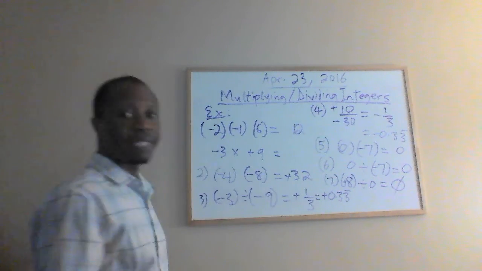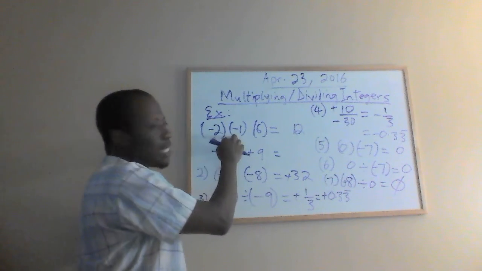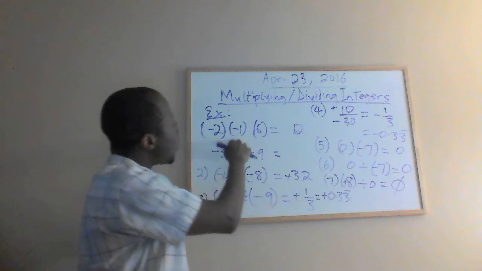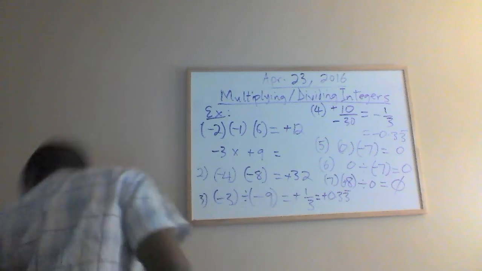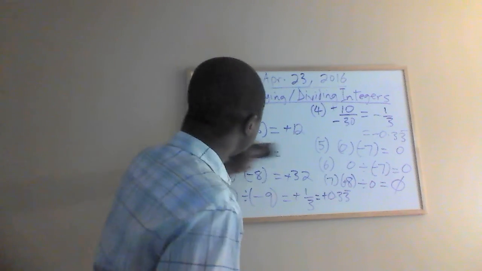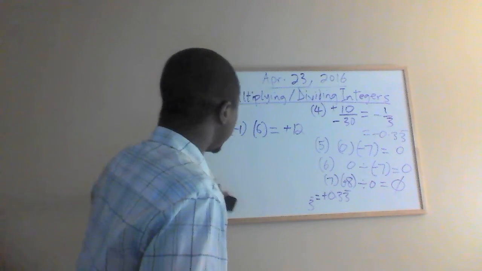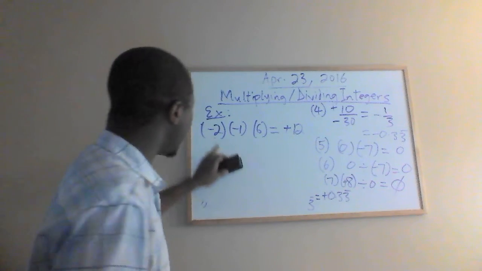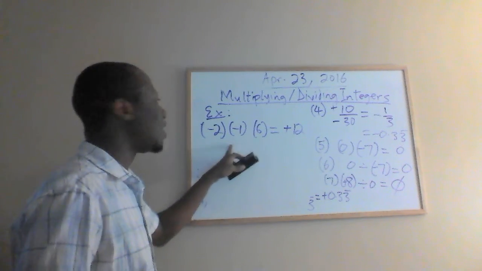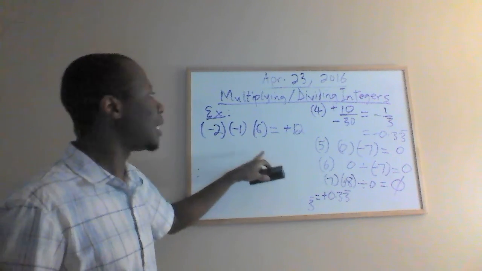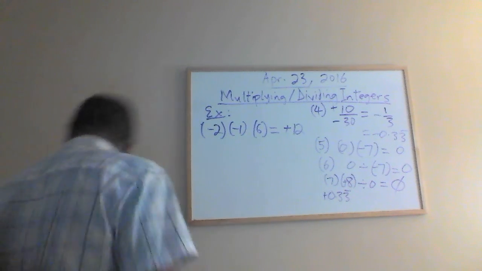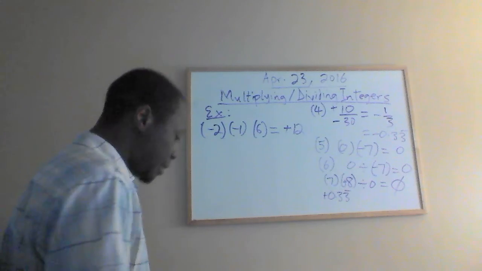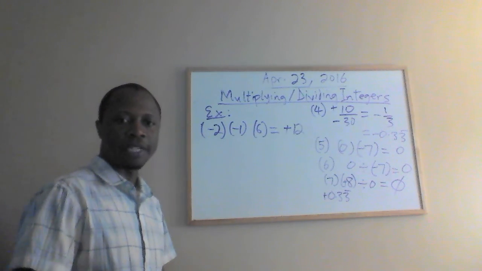And we multiply the signs: negative times negative is positive, and positive times positive is positive. Whenever we're given multiple ones like this, you can just multiply the signs one after the other, and then multiply the numbers one after the other as well. And this brings us to the very end of this particular one.